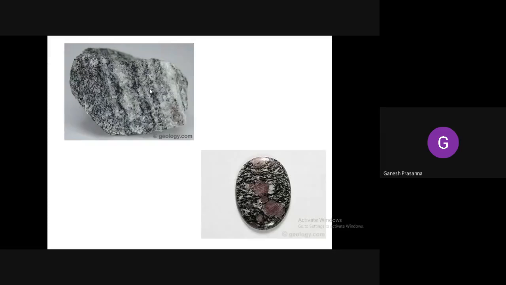Only in gneisses can you find these alternate dark and light colored bands, by virtue of which you can identify this as a gneiss without the chemical composition. Gneiss may have a different chemical composition, that doesn't matter to the gneiss, but it is only the texture and the structure, the layer-like arrangement of one mineral next to another mineral, that gives the characteristic feature of the gneisses.